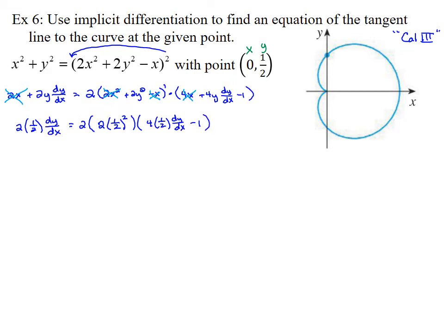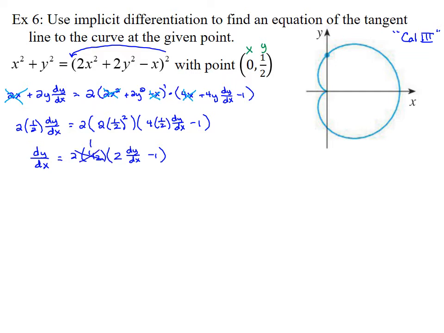2 times 1/2 just goes away, so you're left with dy/dx on the left equals 2 times 1/2 all squared is 1/4, and if you double 1/4, you get another 1/2, times 2 dy/dx minus 1. Once again, half of 2 is 1, so this term right here is just a 1.